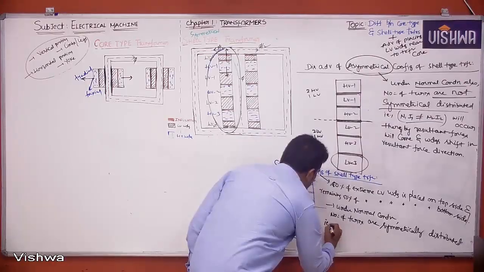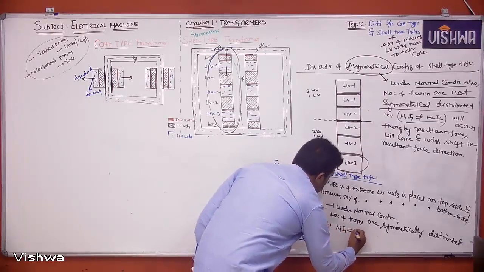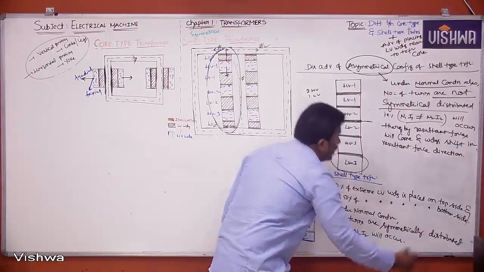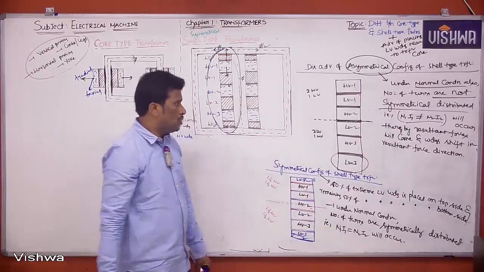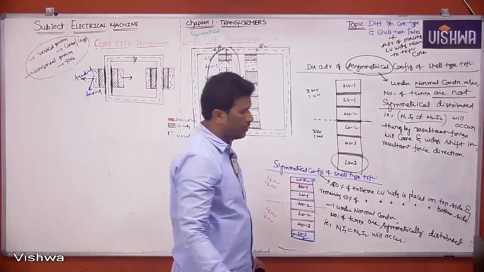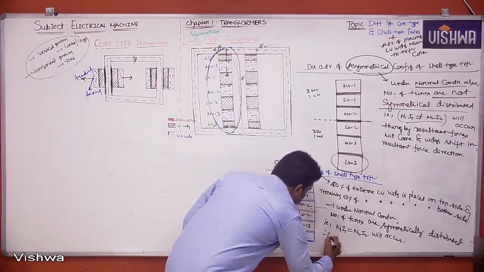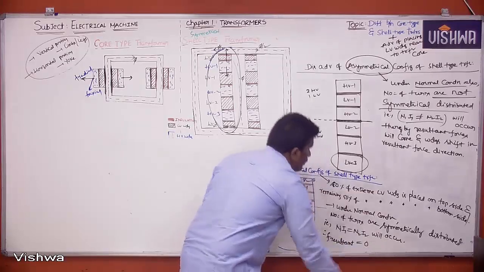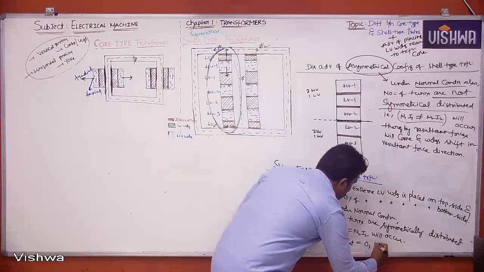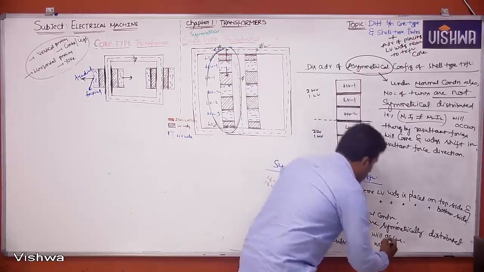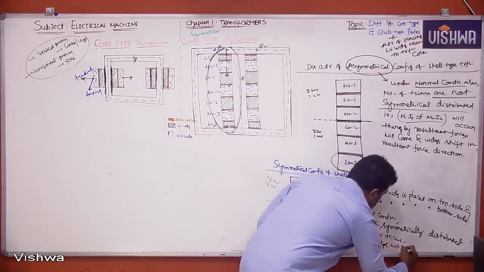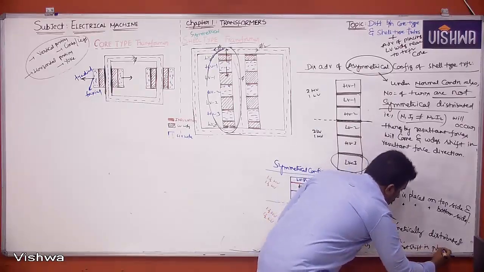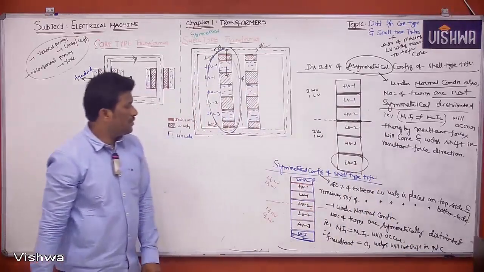That is, N1 I1 equals N2 I2 will occur. Whenever N1 I1 equals N2 I2, do we have any resultant forces here? No. Therefore, resultant force equals 0. Will the windings shift or not shift? Windings will not shift in a normal condition.